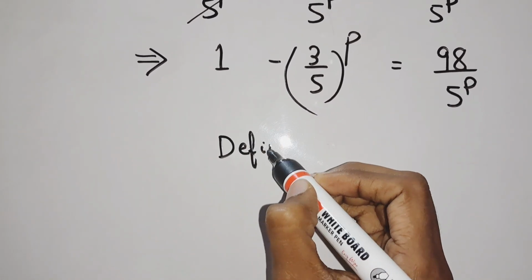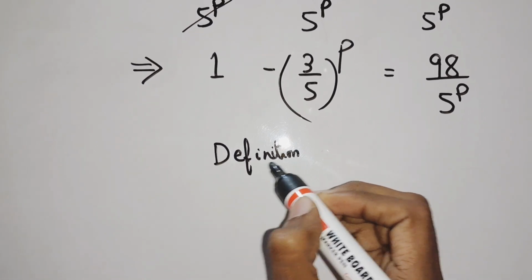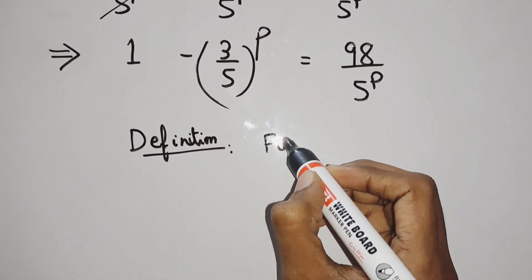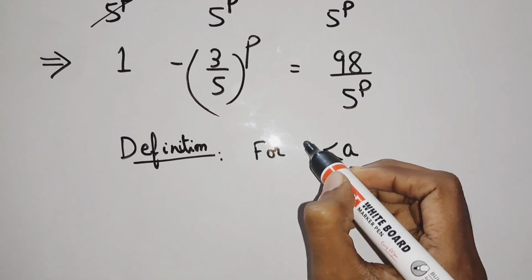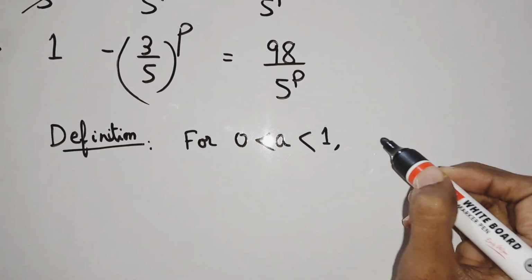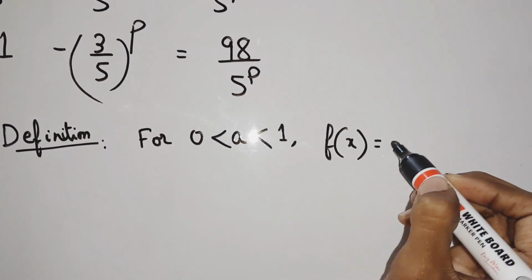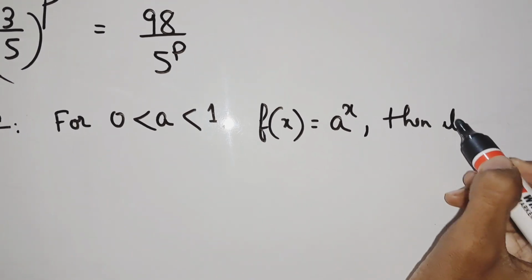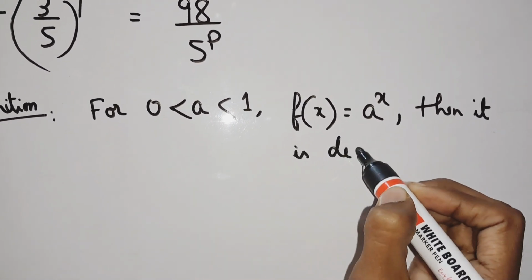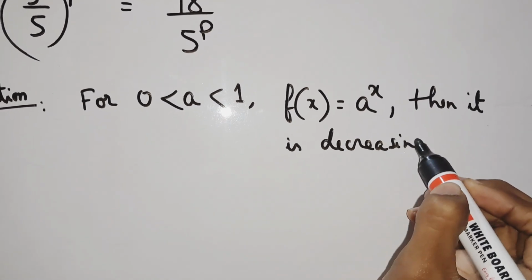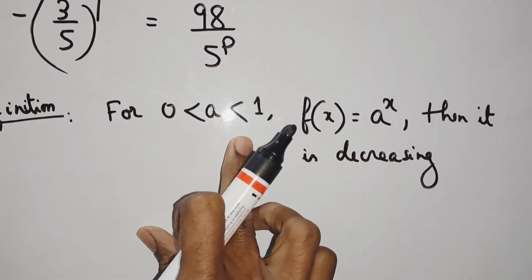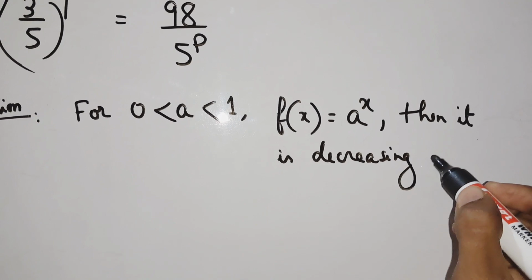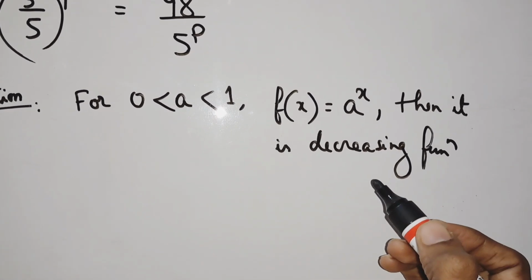For a between 0 and 1, if our function is a to the power x, then it is a decreasing function, because a is less than 1.